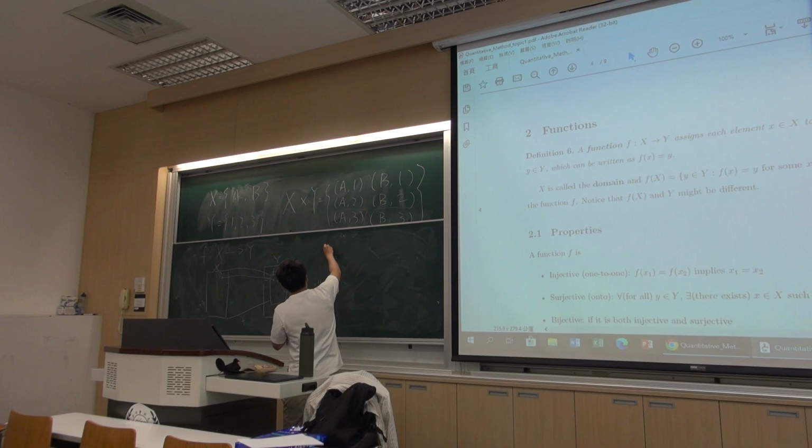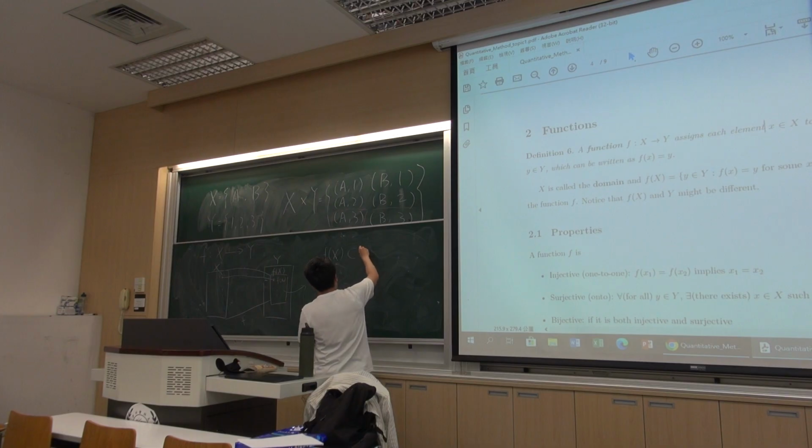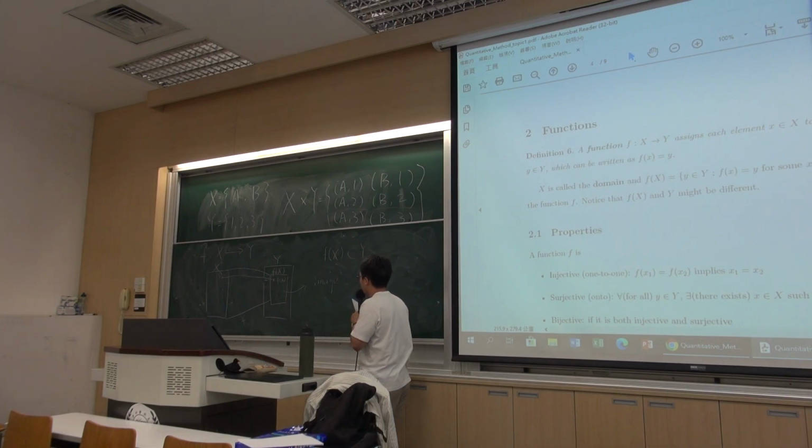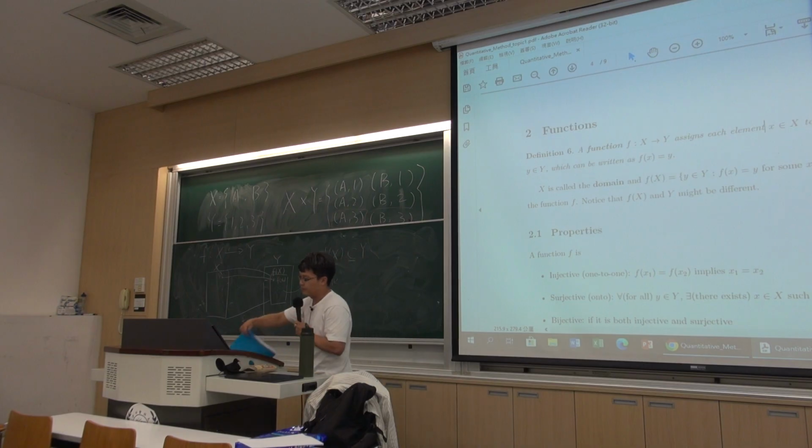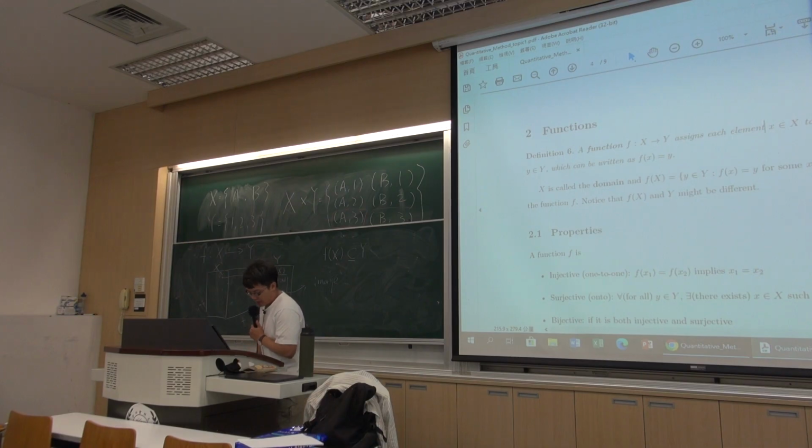It is possible that the image of X is just a proper subset of big Y here, and of course it can be equal as well. But it doesn't really matter. Okay, and we have a few properties here.